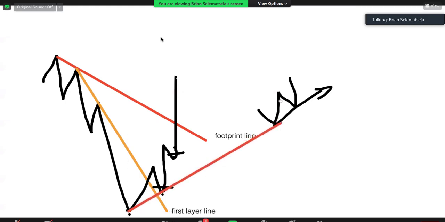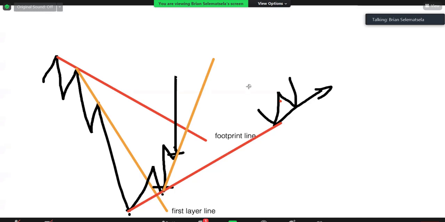And after that, you have to spot the first layer line. Now, as we know, the breaking of the first layer line is signaling the market to go in the opposite direction. When that is the case, that means any breakout.